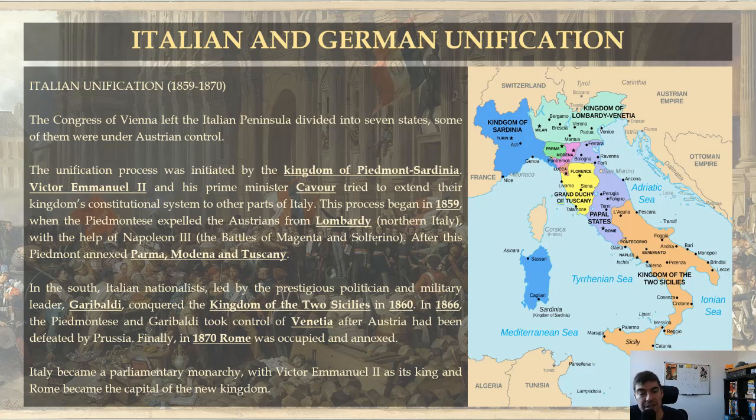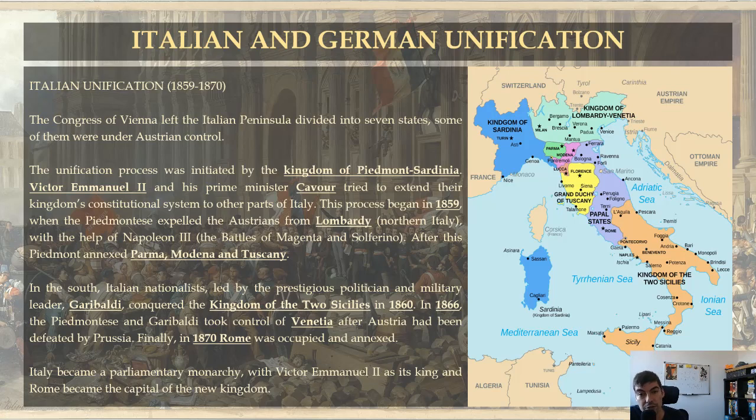And they tried to extend their kingdom's constitutional monarchy, because the Kingdom of Sardinia was a constitutional monarchy, to other parts of Italy. It started in 1859 when the Piedmontese had a war against the Austrians for this territory, with the support of Napoleon III.